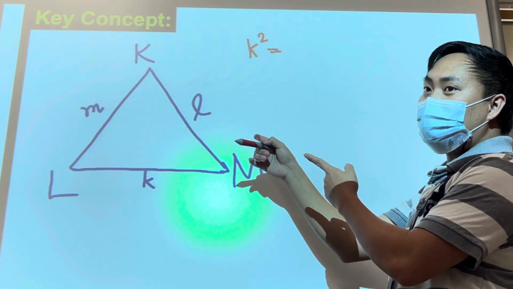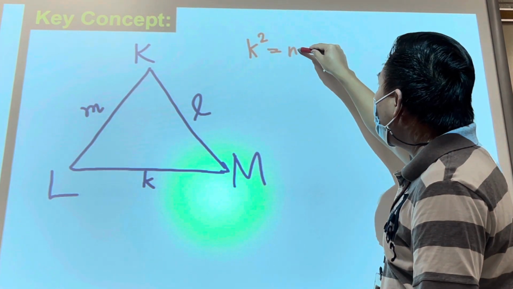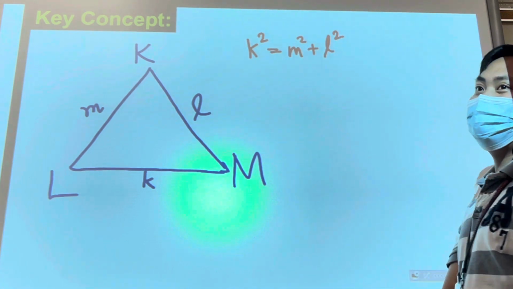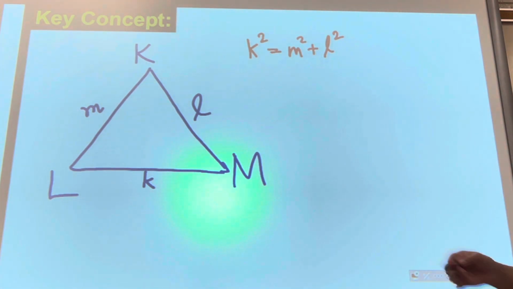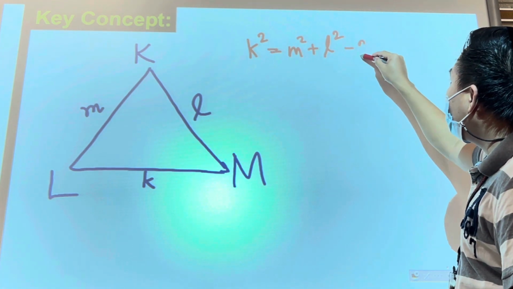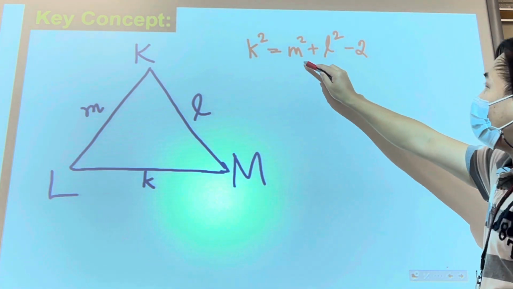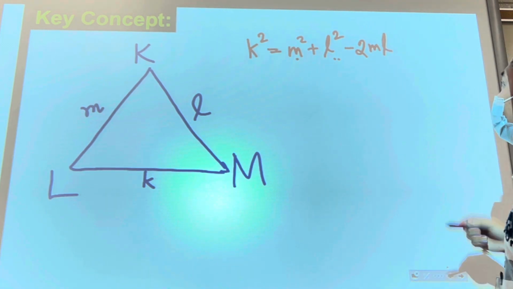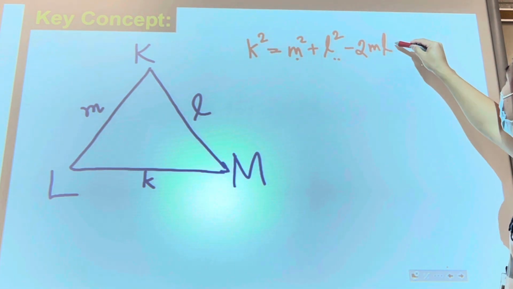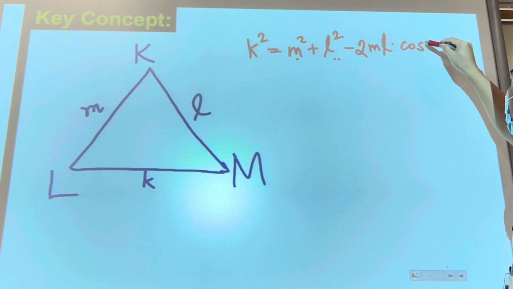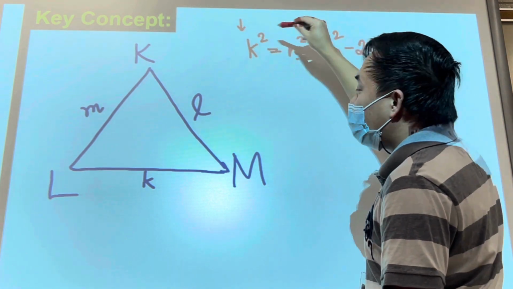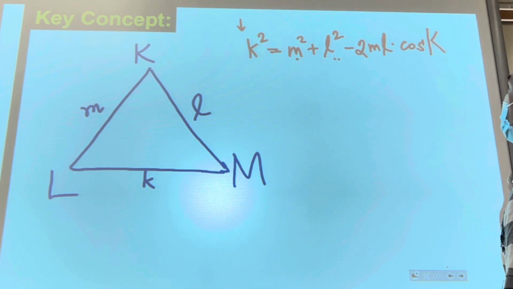The other two sides are M and L, so you have M squared plus L squared minus, it's always minus 2, and then the product of these two here, ML, and then times cosine of the opposite angle to K, which is capital K. So that's your equation.